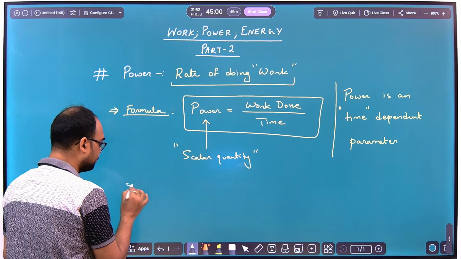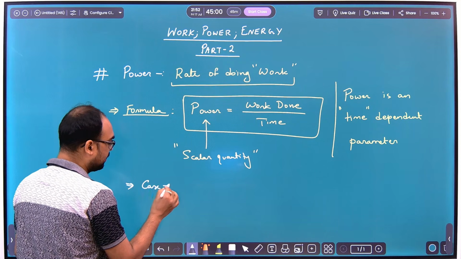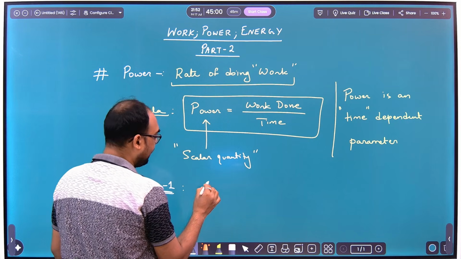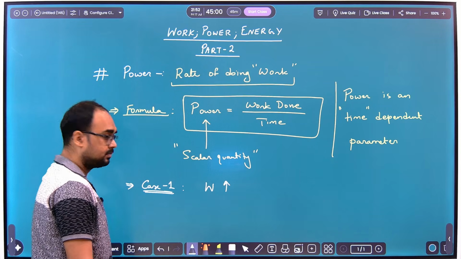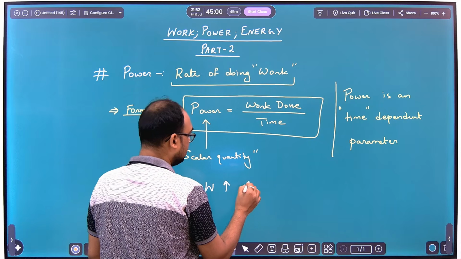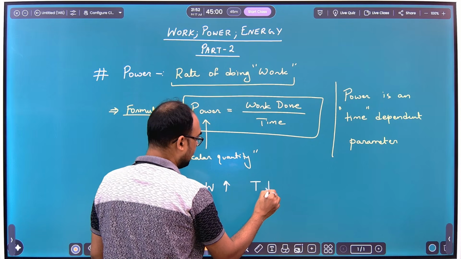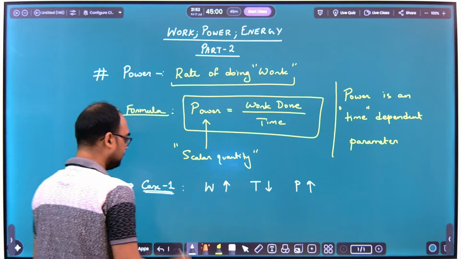So let's take two cases. Case number one: if work is very high and time is very less, then power will increase.